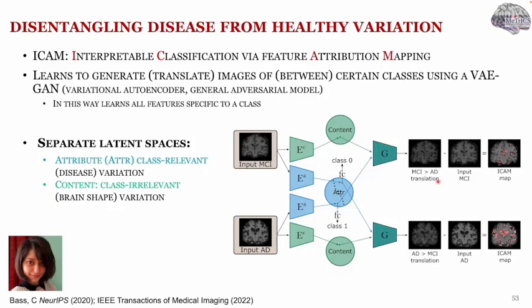So each image's class can then straightforwardly be altered by taking their brain shape encoding from the larger content latent space and swapping their disease-specific attribute latent vector to one of the opposing class, and then reconstructing the modified image with a generator network.